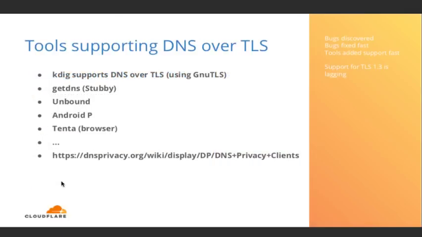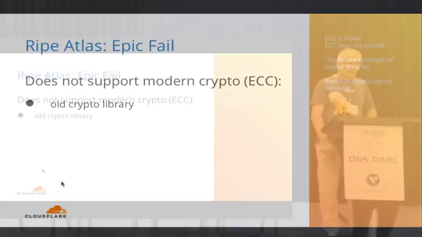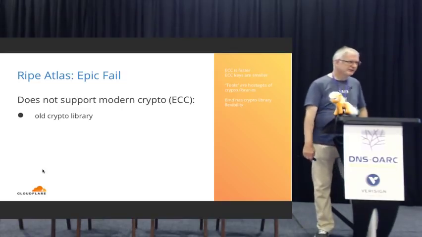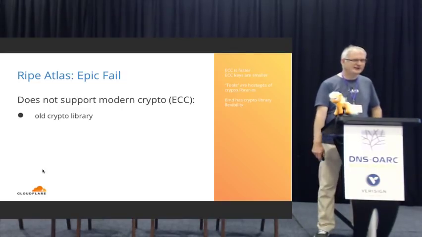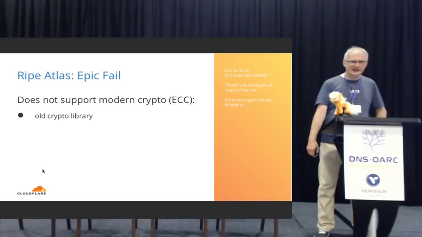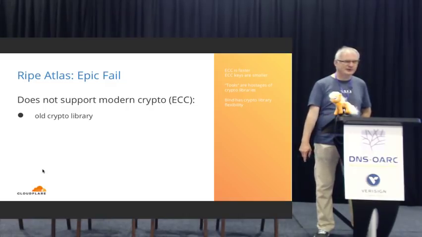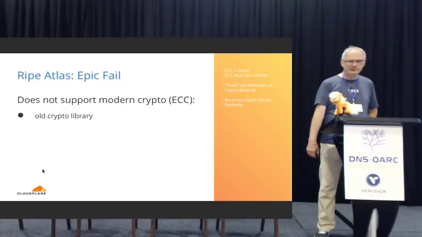Well, there are tools out there. The list is growing all the time, and if you want to see the page down there, it seems to be the best source of what is available. When we were rolling out the DNS resolver on the 1.1.1.1 address, we used RIPE Atlas a lot to figure out whether we could talk to it over DNS. It worked great. It helped us figure out about 300 different networks that needed to be kicked, multiple vendors to be shamed, and others.